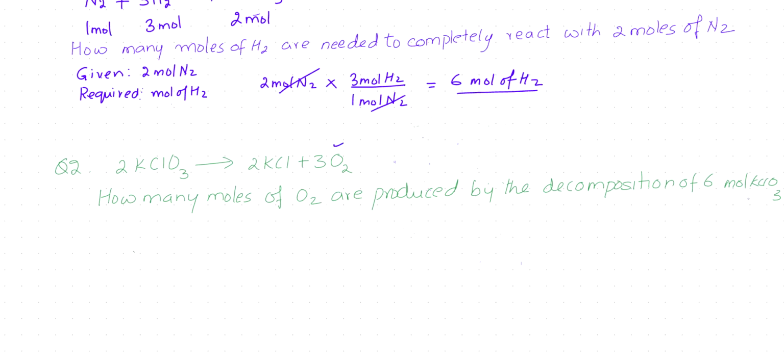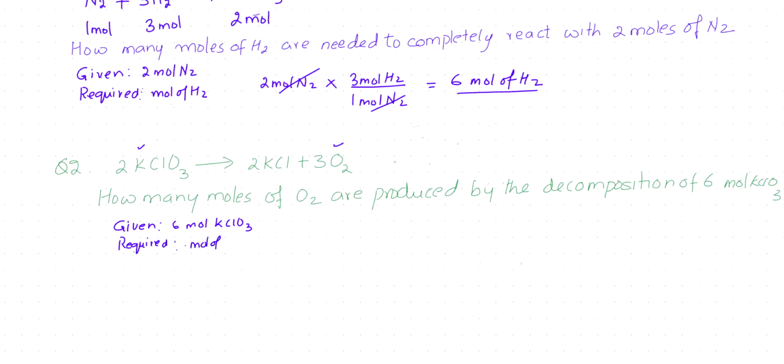So this mole ratio we use. First we write what is given. Given is 6 moles of potassium chlorate, 6 moles KClO3, and required is how many moles of oxygen. So moles of oxygen we have to find.